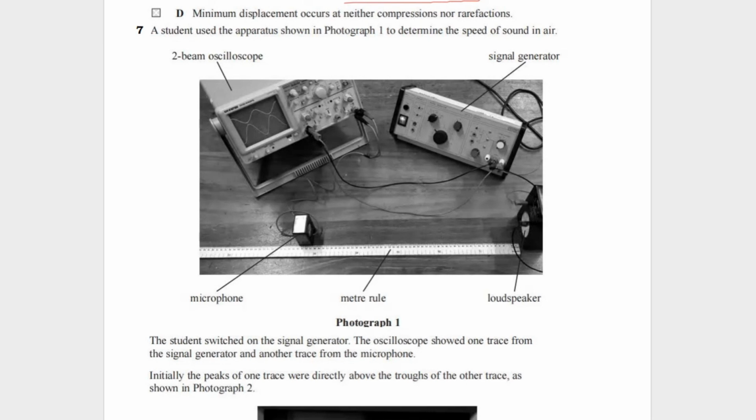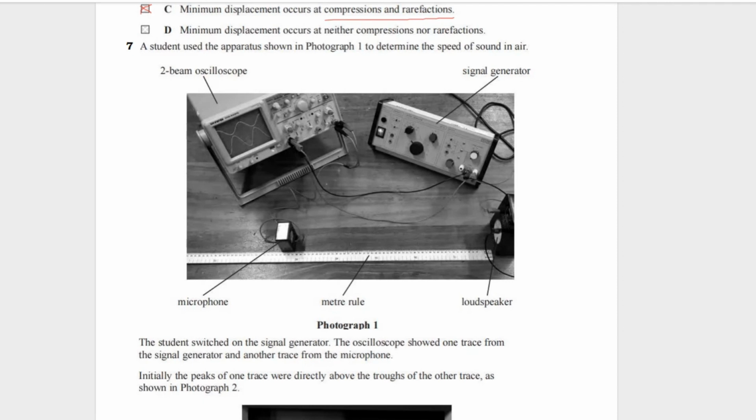I hope everyone knows the working of the oscilloscope. It is used to visualize waves. If you don't know how to use the oscilloscope, just tell me in the comments and I'll do a special video on the working of the oscilloscope.